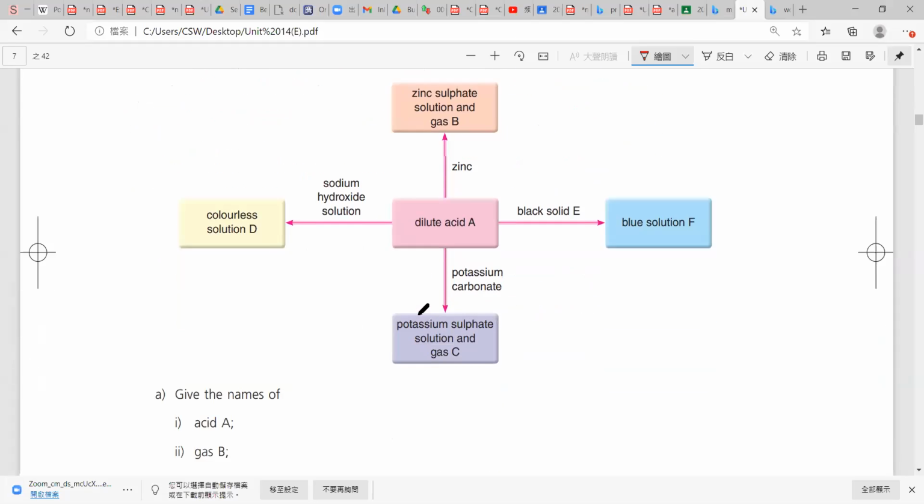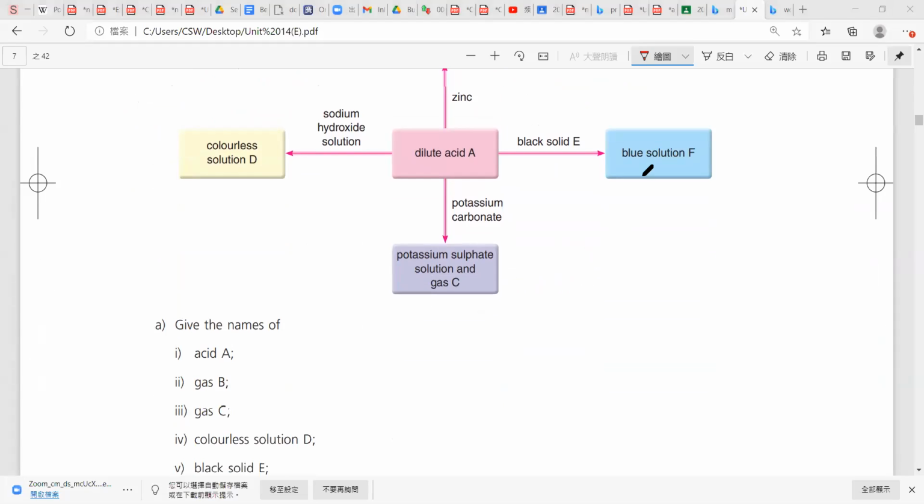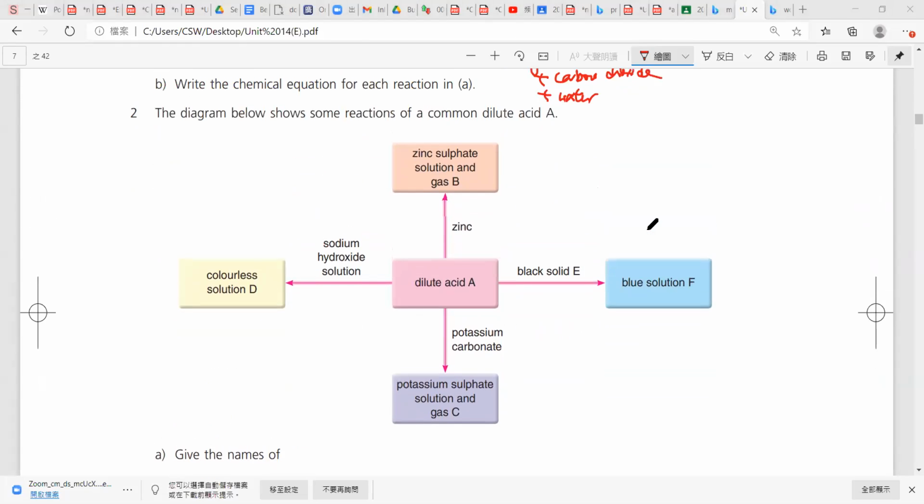Now the last one. Can you do it now as well? What is meant by the name of acid A? How do I know the name of acid A?